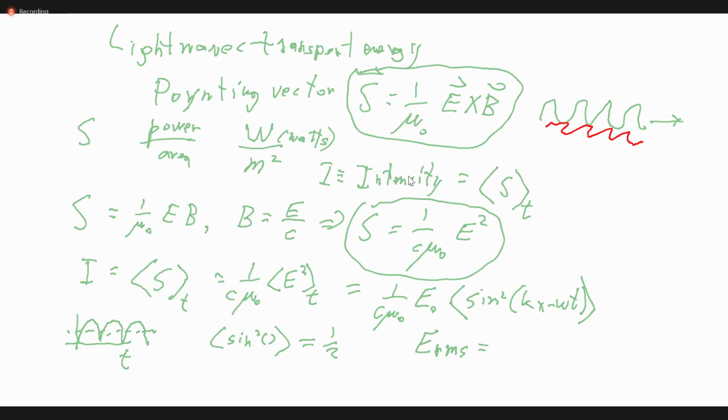E RMS would be equal to the full amplitude E0 divided by the square root of 2, and therefore I, intensity, which is time averaged, is 1 over c mu 0 times E RMS squared.